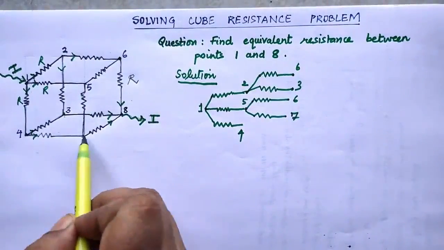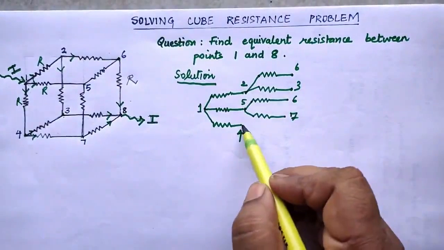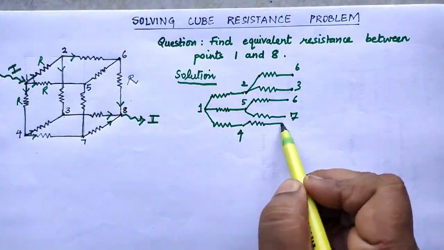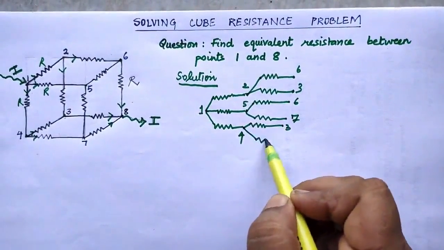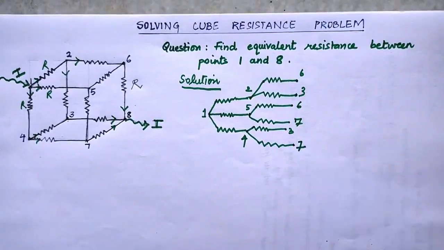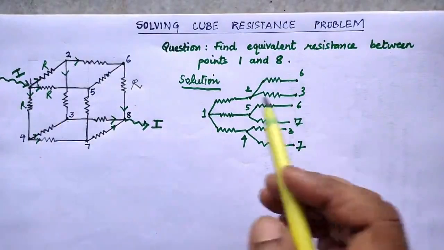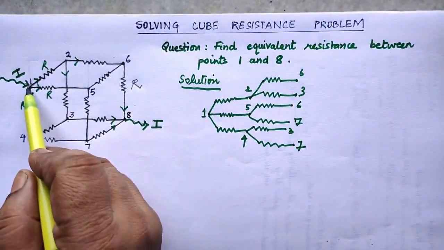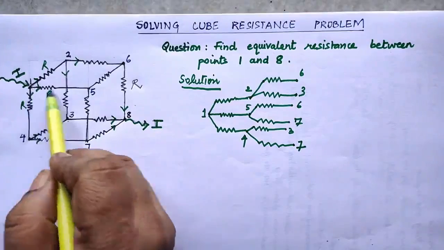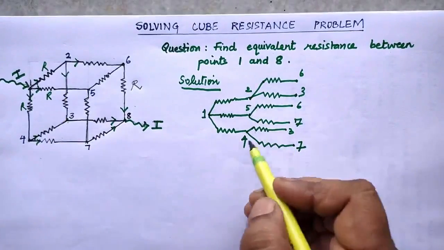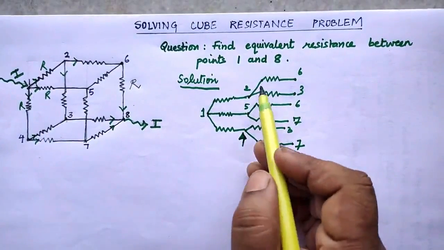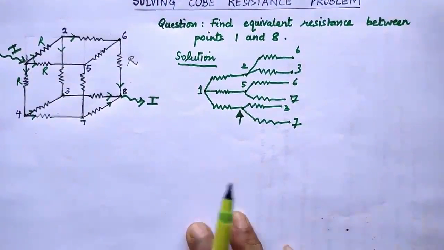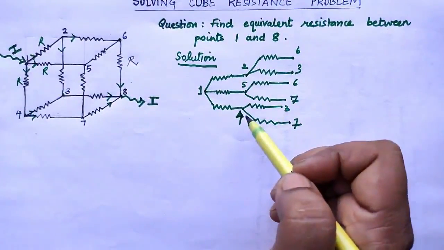And from point 4 we have 3 and 7. So there are 2 paths for the current to move, that is 3 and that is 7. Right? So this is the equivalent circuit I am drawing. First of all, at point 1 it gets divided into 3 parts, 2, 5 and 4, and from these points we have this.